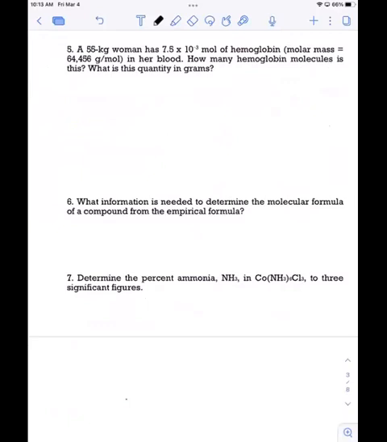A 55 kilogram woman has 7.5 times 10 to the minus 3 moles of hemoglobin, molar mass 64,456 grams per mole, in her blood. How many hemoglobin molecules is this? What do we need to find out first?